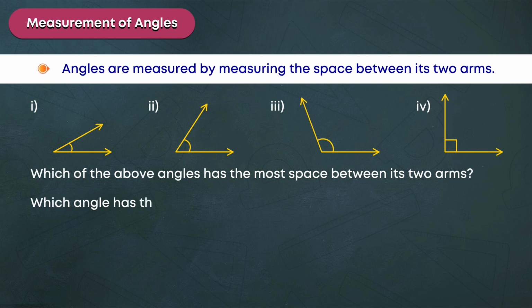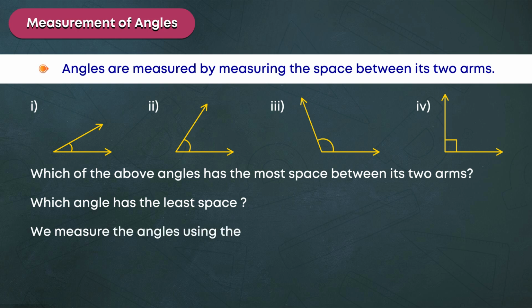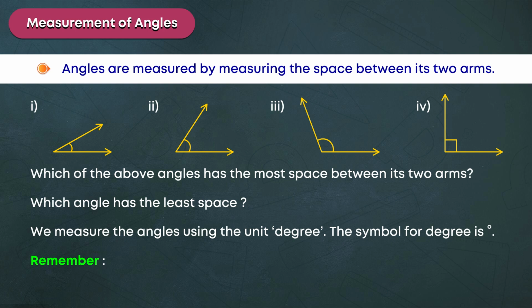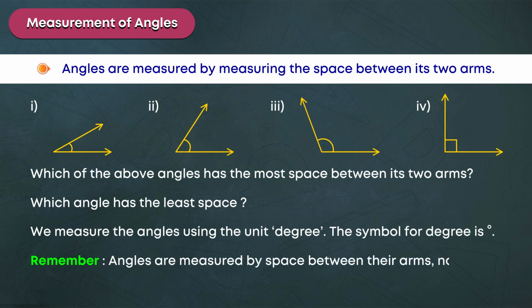Which angle has the least space? We measure the angles using the unit degree. The symbol for degree is °. Remember, angles are measured by the space between their arms, not by the length of their arms.